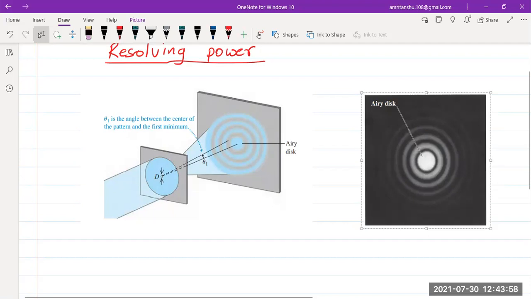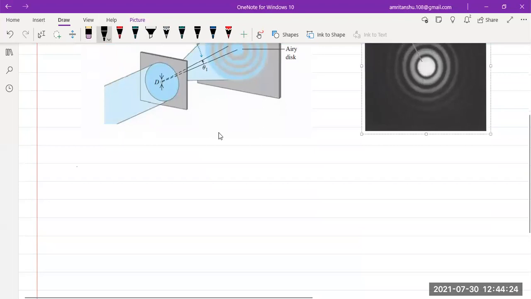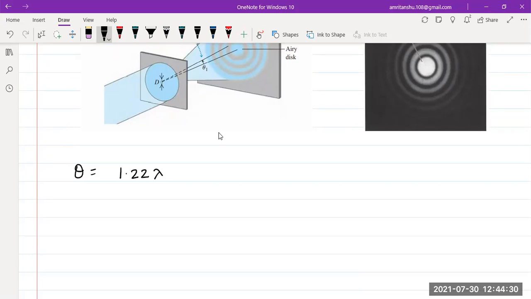From this hole to this point and this point, we are getting some angle theta, and this angle theta is given as 1.22 lambda by d. Here d happens to be the diameter of the aperture.